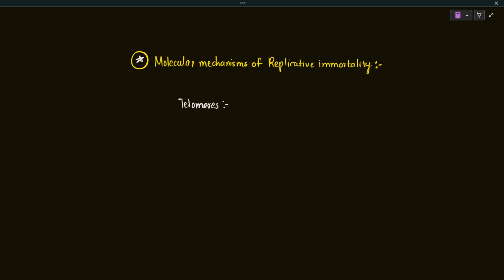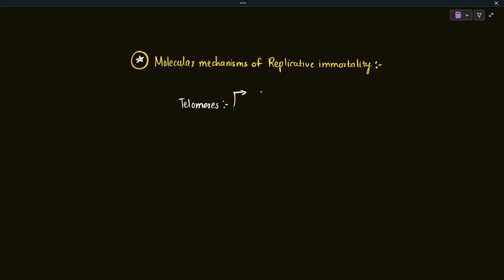So what do telomeres do? Telomeres are specialized nucleoprotein structures located at the ends of the chromosomes. The functions of telomeres are as follows. They protect the chromosomal termini from degradation, fusion, and aberrant recombination.